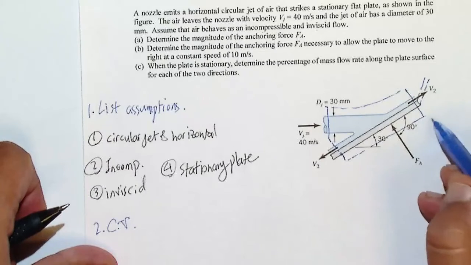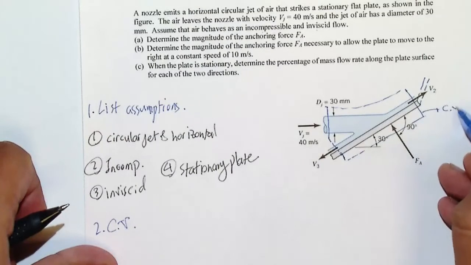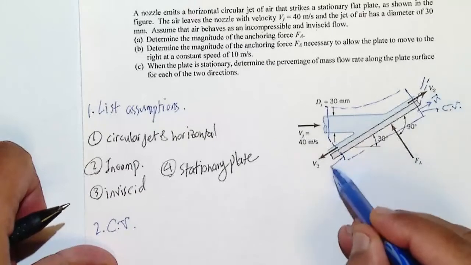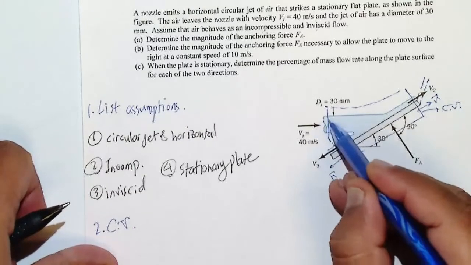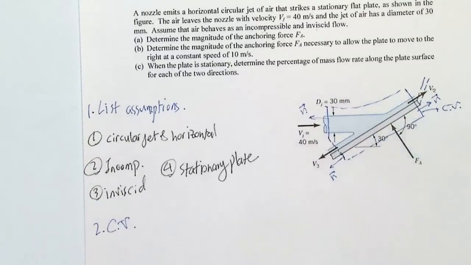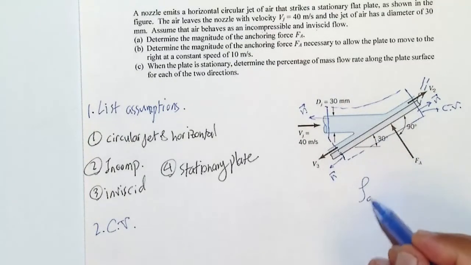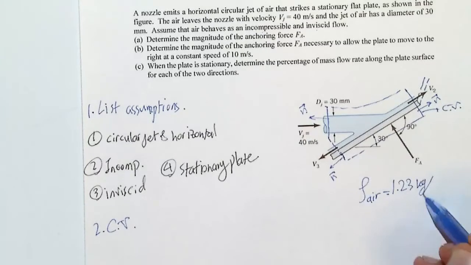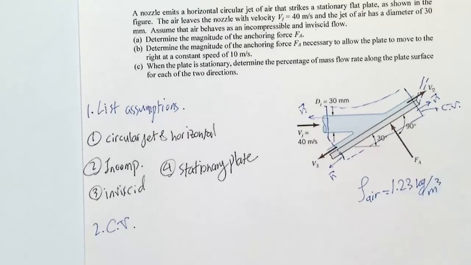So this is going to be my control volume, and make sure that n here is parallel to V2, and here is parallel to this side, and n is parallel. Okay, that's my control volume. Rho of the air is also given as 1.23 kilogram per meter cube. Second is done, control volume.